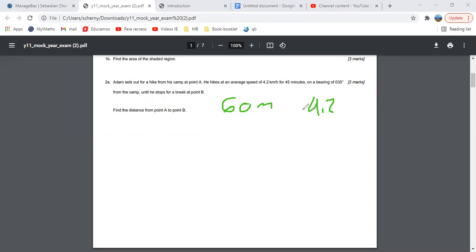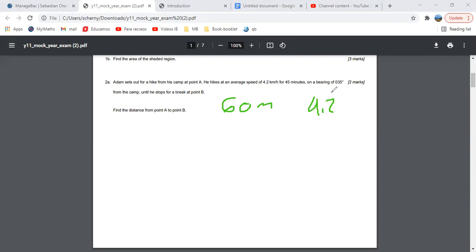For example, if Adam was traveling for 2 hours, maybe the first hour he did 8.4 kilometers, and then for another hour he just rested, or maybe first he did just 8 kilometers and then 0.4 kilometers. But the thing is, on average, the speed is this one. So on average, he will do this distance.